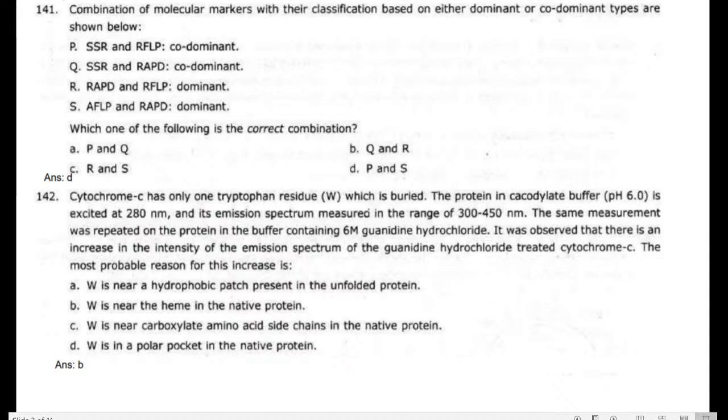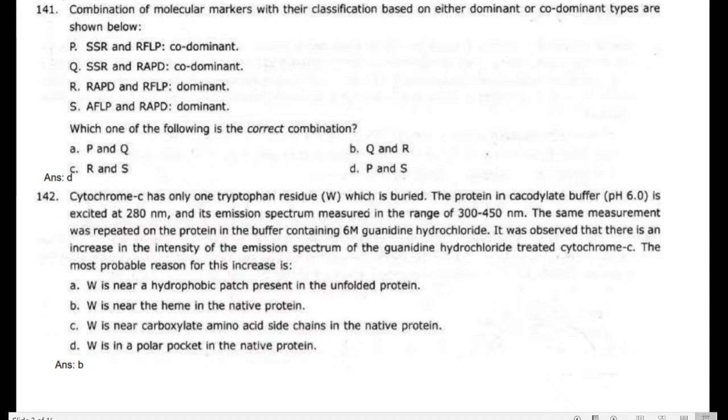In various genetic studies they use this marker. Another one is RFLP, restriction fragment length polymorphism. In this, they use restriction enzymes to do the experiment. It is also another marker for genetic mapping.